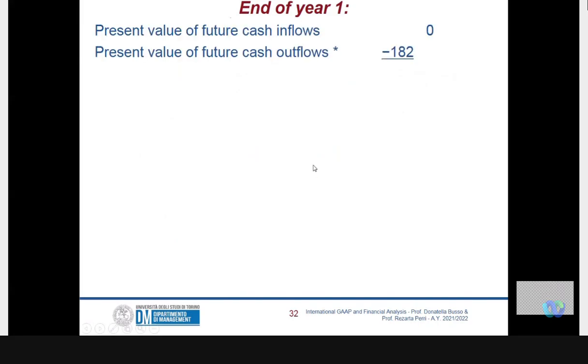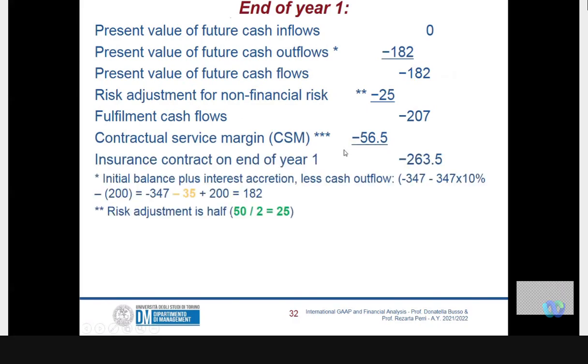At end of year one, what do we have? We have present value of future cash inflows, 0 again. We have present value of future cash outflows, 182. They are all calculated over here. This is the initial balance, 347 of cash outflows. First of all, we accumulate the interest of 10% on that. Remember the present value of the cash outflows is 347 multiplied by 10%. This is the interest expense on the liability to be accounted in the profit and loss statement.